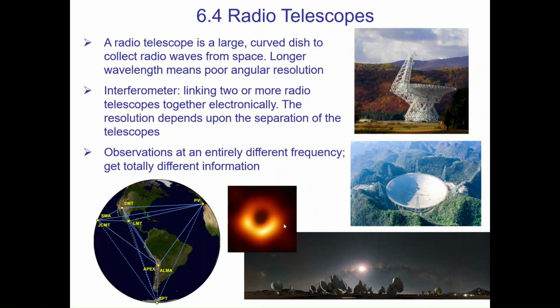But because it's very, very small, we really need something with a very good resolution. That is achieved by letting radio telescopes work together across different locations on the Earth.